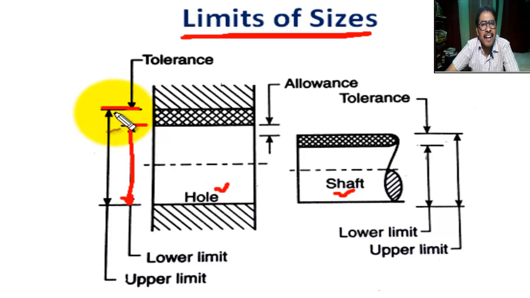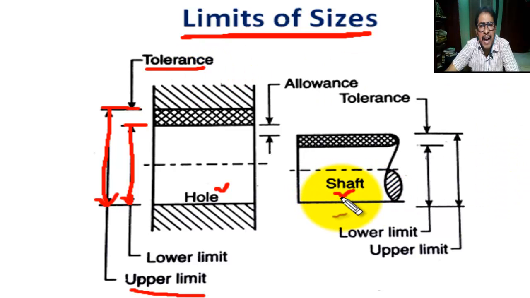This is the upper limit of the hole size. Difference between upper limit size minus lower limit size is called tolerance.